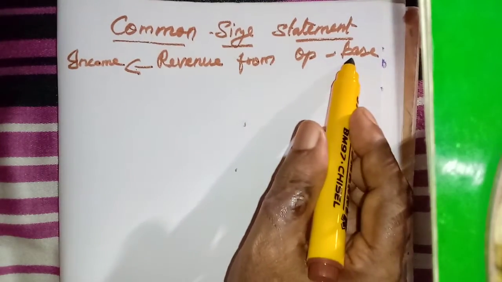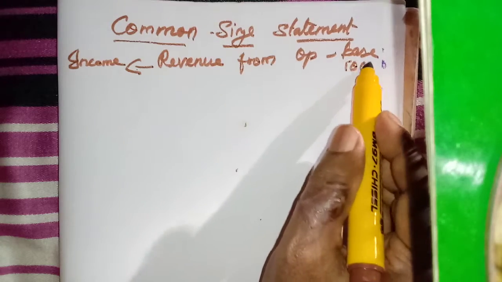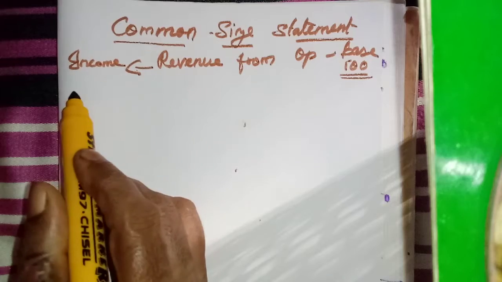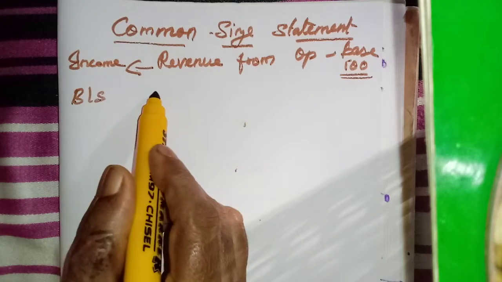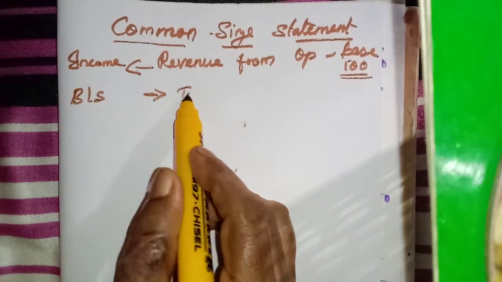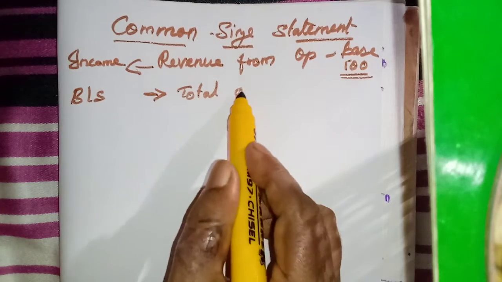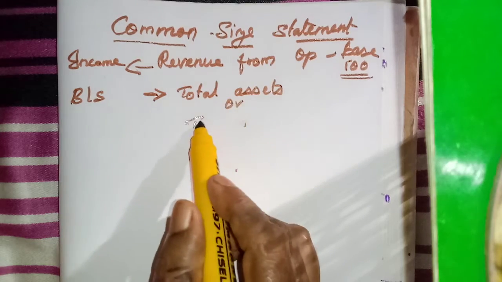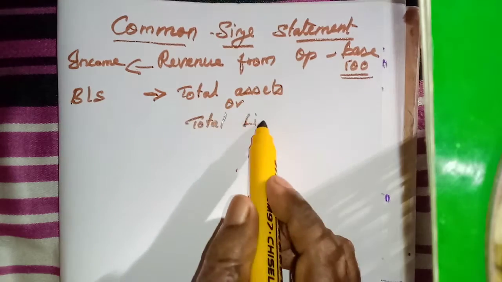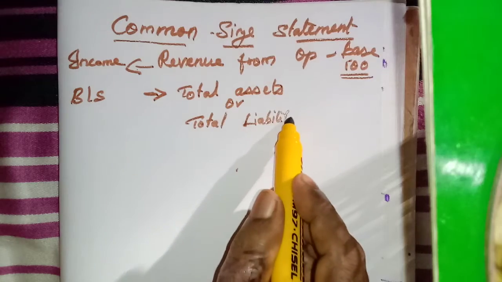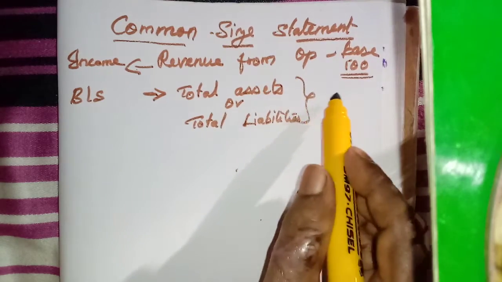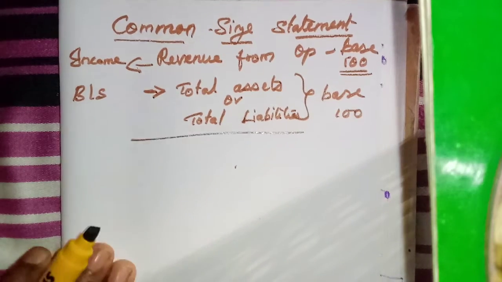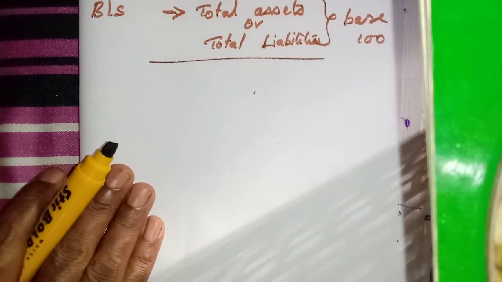That one we take as 100 and we calculate the other percentages. Then in the balance sheet we take the total assets or total liabilities as the common base. Both the total assets and total liabilities will be the same in the balance sheet, isn't it? So they will take any one of these as the base, that means 100. Then we need to calculate the other percentages.